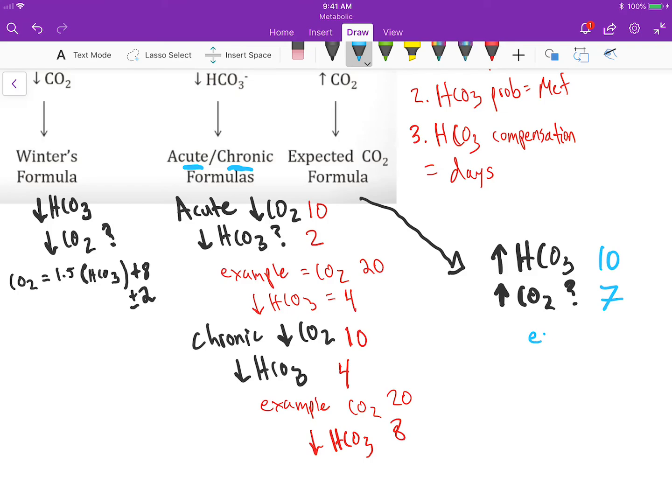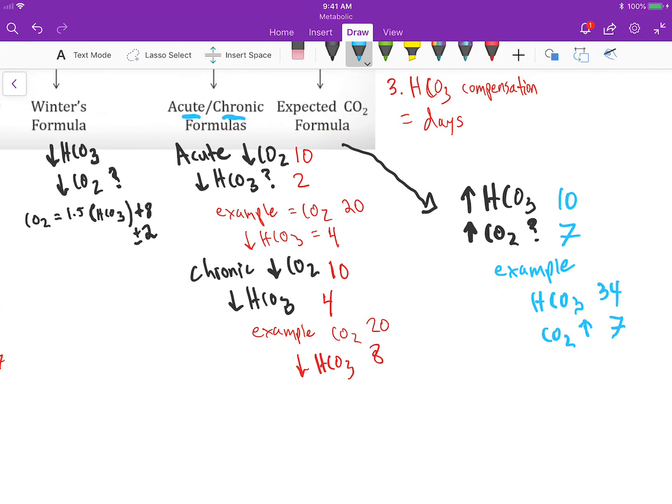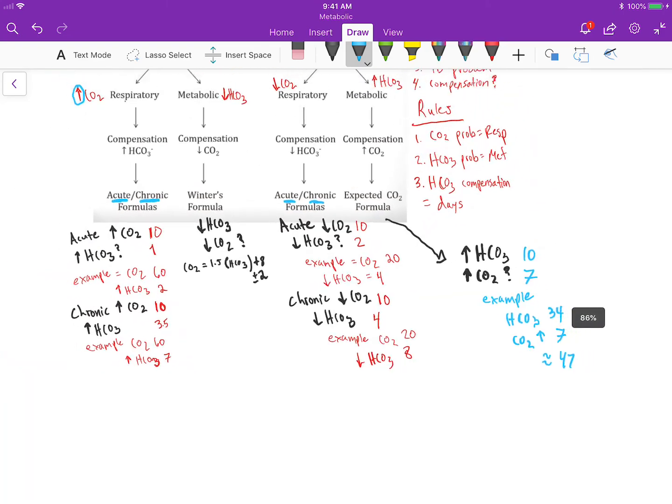So, example, let's say that we have a change of bicarb of 34, so there'd be a change of 10, and our CO2 is expected to increase by 7. So this should equal 47.